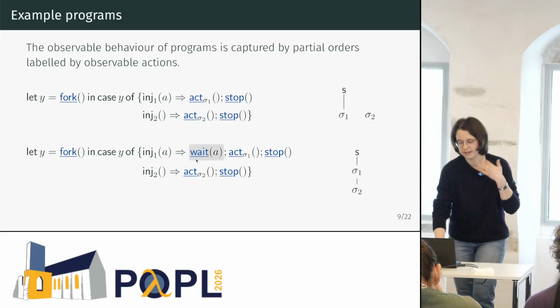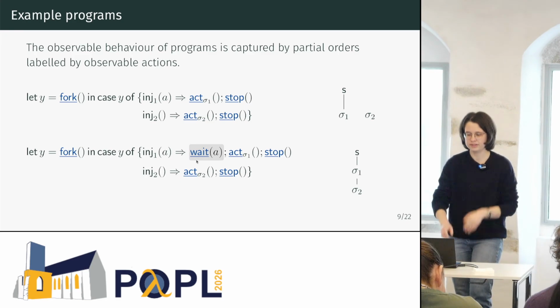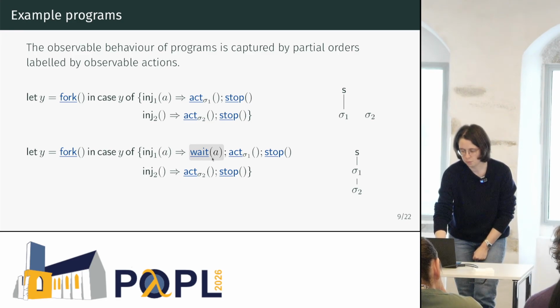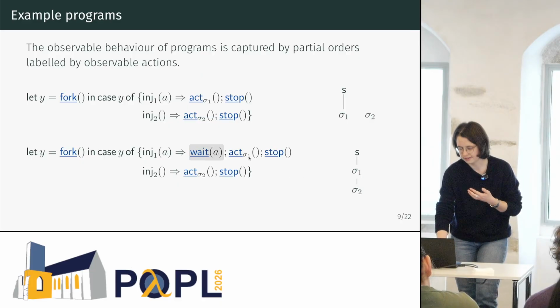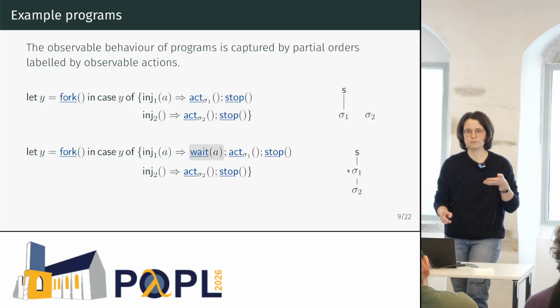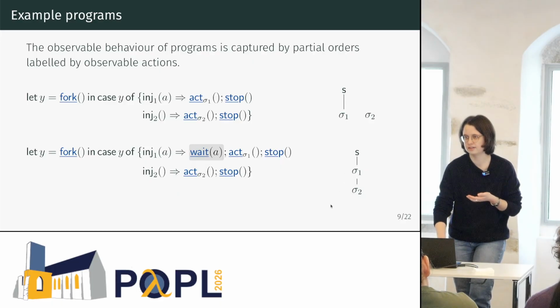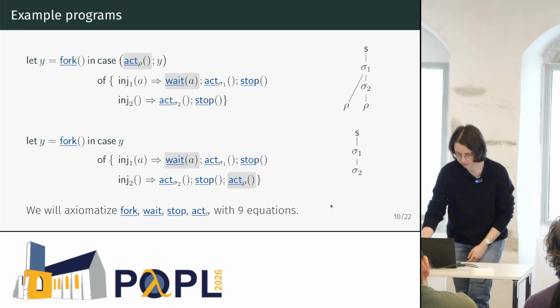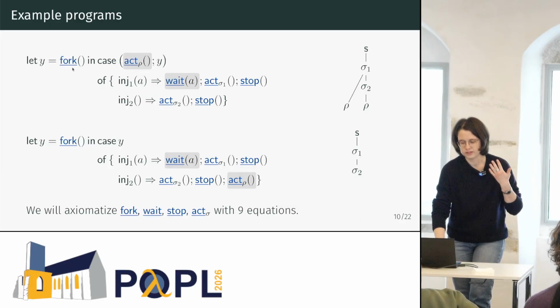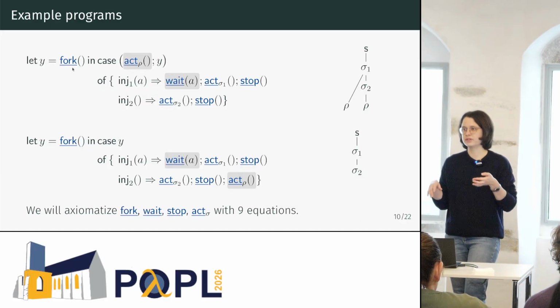Okay. But then, if I change the program a little bit, so I add a wait on A before sigma 1, that now means that sigma 2 has to happen before sigma 1, and this is reflected in the POM set. Okay. Right, and then I said that fork will copy the continuation of the parent.